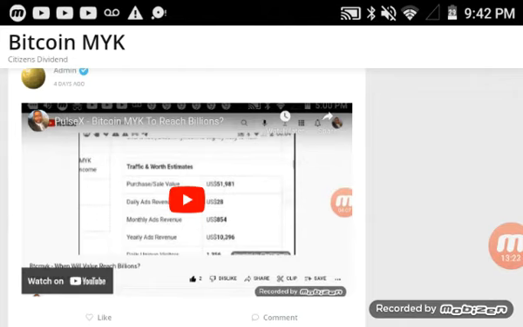There are some differences with the Bitcoin MYK project. It's only going to be 5 million coins, a great deal more deflationary than Zen. It doesn't occur on chains that gobble up huge gas fees, thus its value is not attached to gas, right? Its interface is very user friendly.